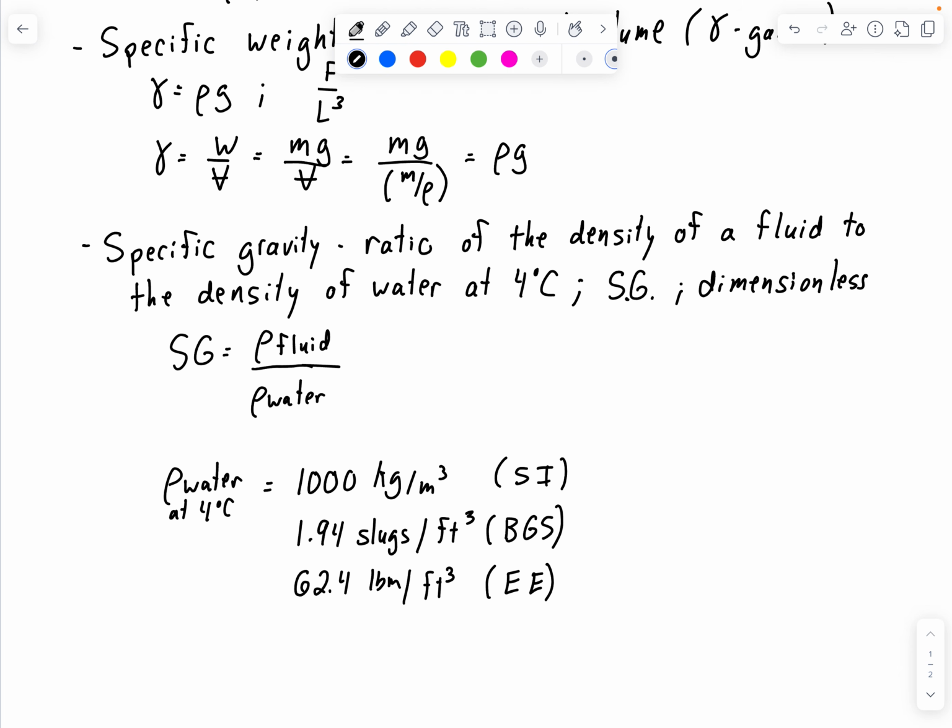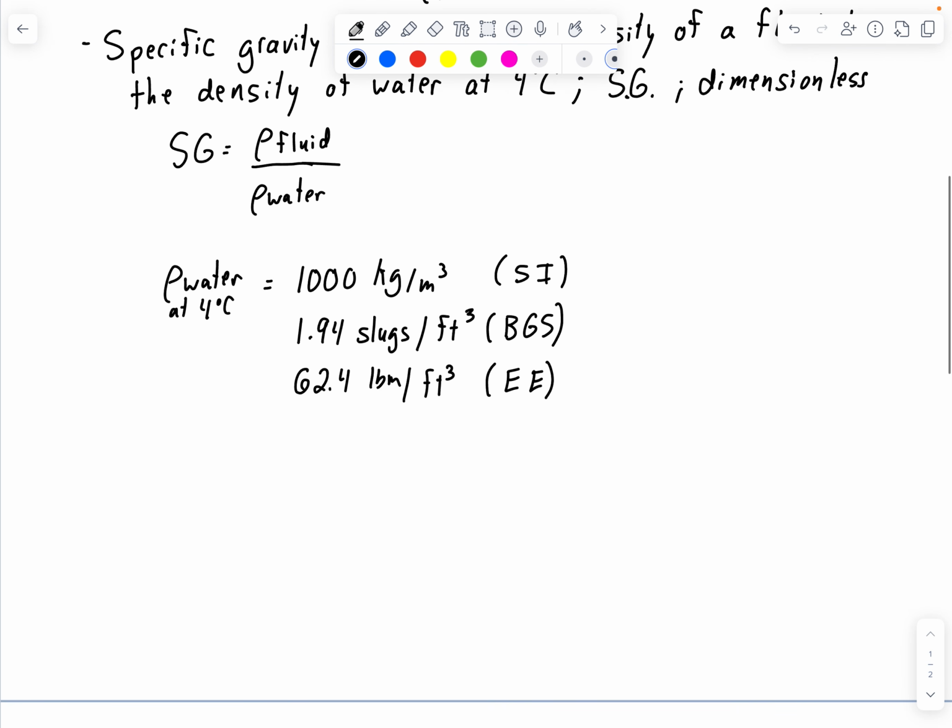So what do we use specific gravity for? So this is very useful. One of the ways that we use it is to tell if a particular fluid is denser or lighter than water. So will that fluid float on or sink in water?